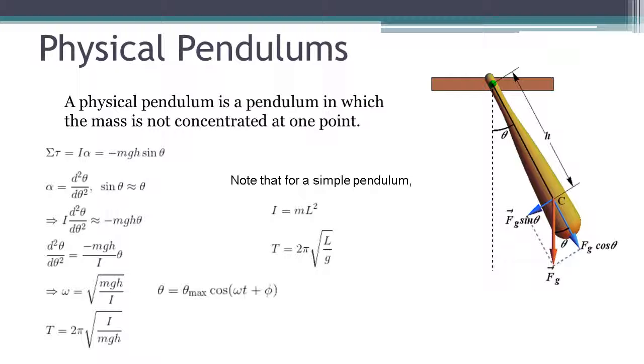And note that if we substitute the moment of inertia of a simple pendulum into this equation, since I equals mL squared for a point-like mass, this just gives us the period for a simple pendulum, T equals 2 pi times the square root of L over g, which is as we calculated for the simple pendulum, so this is a valid equation.